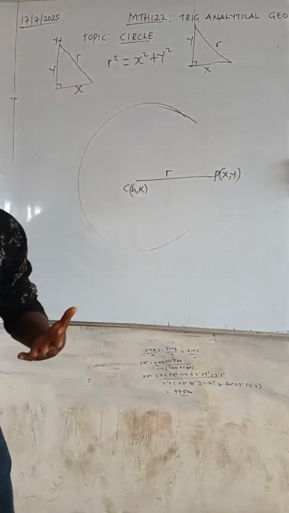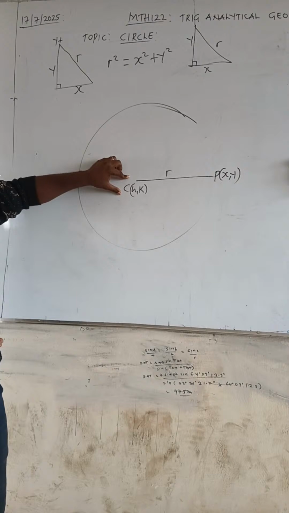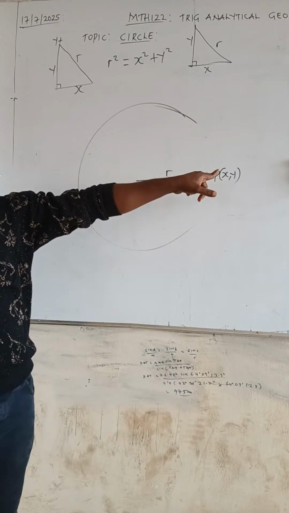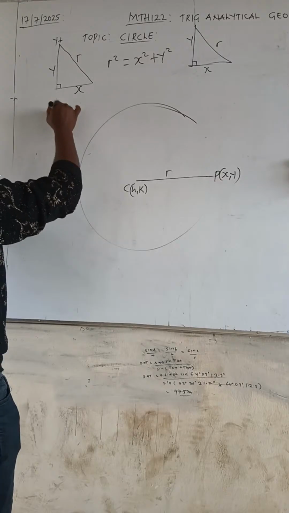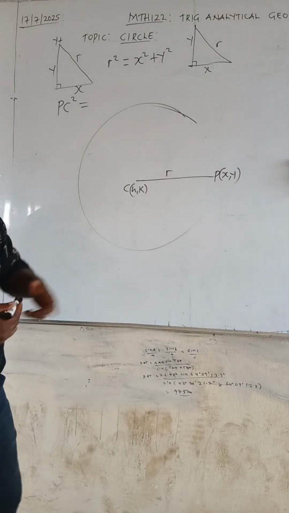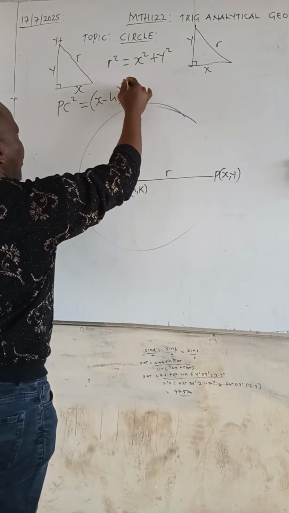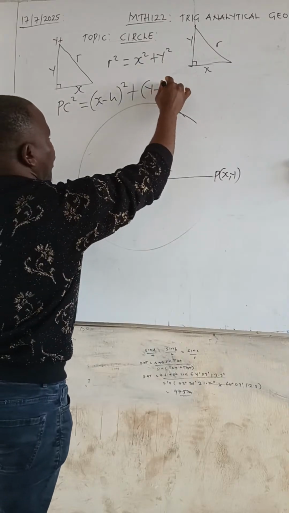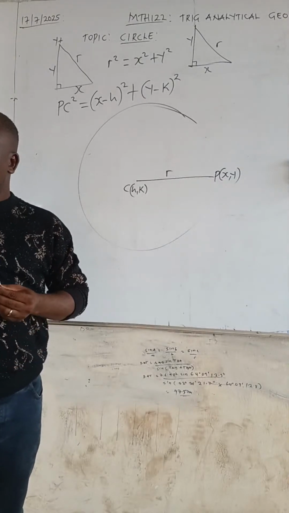So you don't need a prophet to tell you we are talking about the distance between P and C. True or false? So it means if we apply the Pythagorean theorem, our PC squared will now be equal to (x minus h) all squared plus (y minus k) all squared. Amen? True or false?